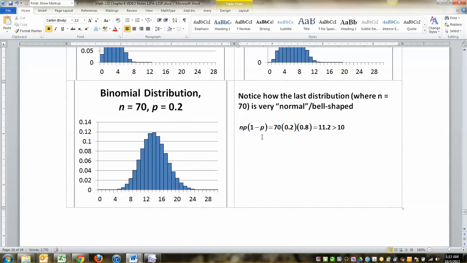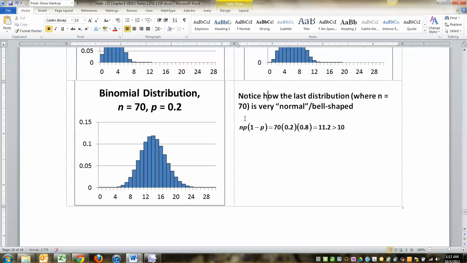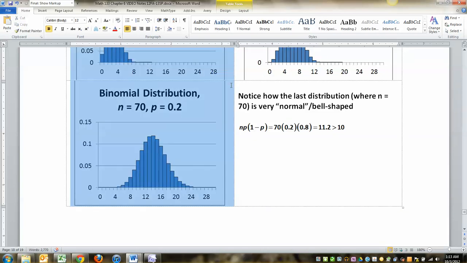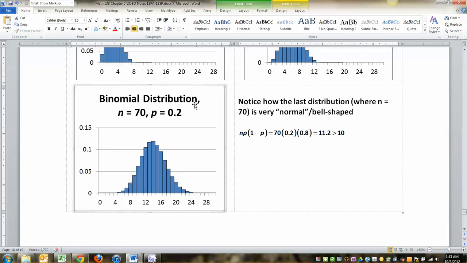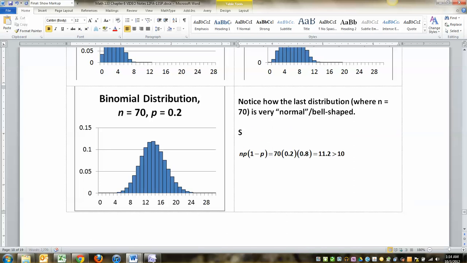This is really important to you, and we'll talk about it more in chapters 8, 9 and 10. But the fact is that if you get a big enough sample, do you see what happens to the distribution? It becomes normal. Notice how in this last distribution where n was 70, it's very normal and bell-shaped. This is important to us.